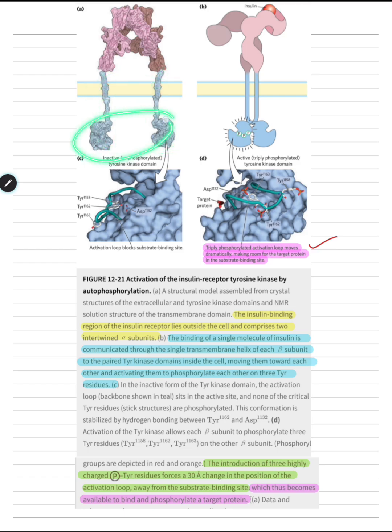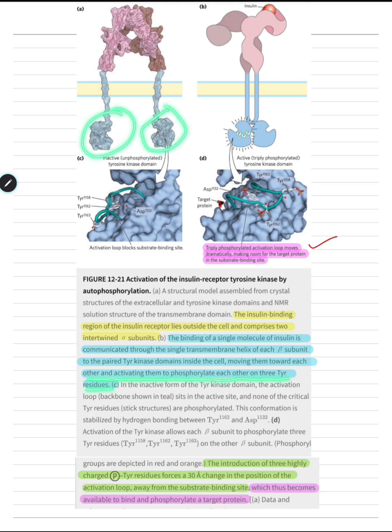The insulin binding region of the insulin receptor lies outside the cell, and comprises two intertwined alpha subunits. Binding of a single molecule of insulin is communicated through the single transmembrane helix of each beta subunit to the paired tyrosine kinase domains inside the cell, moving them towards each other and activating them to phosphorylate each other on 3 tyrosine residues.